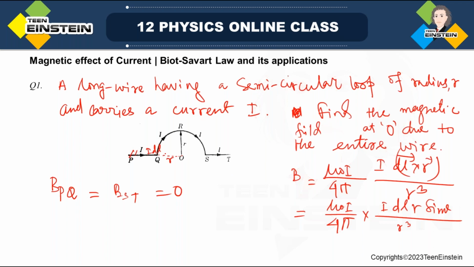So this is 0 because the angle between I dl and r is 0 actually. I dl and r are along the same direction.